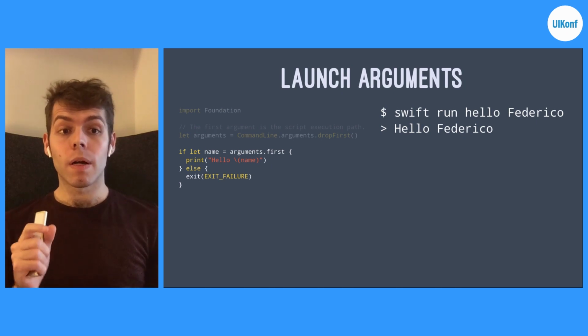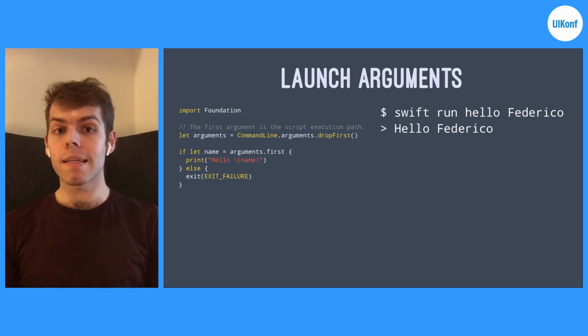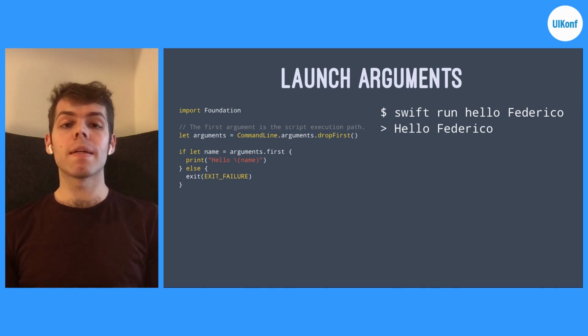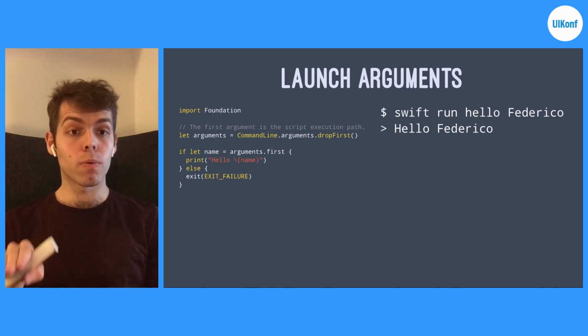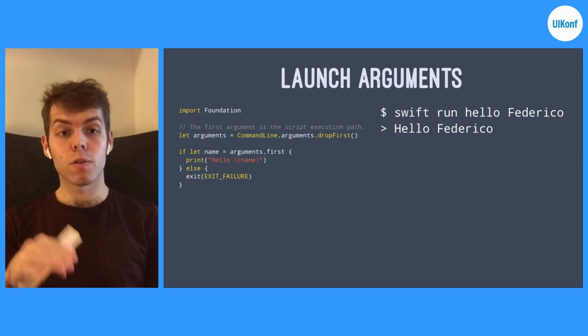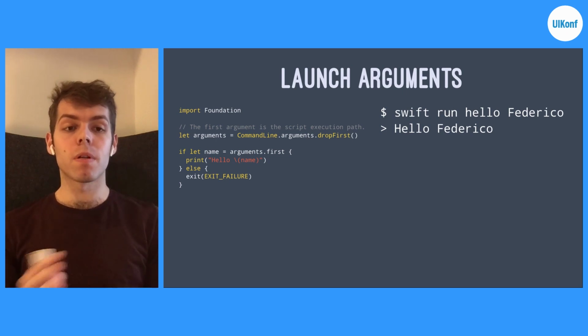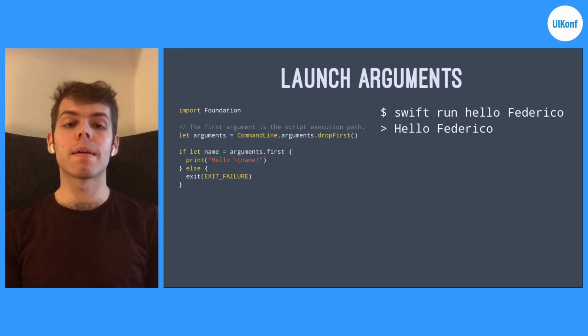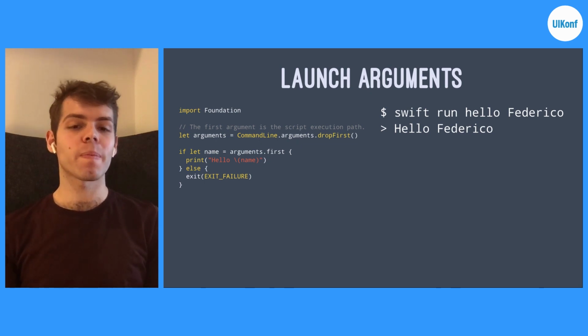And as you notice, in this script, I don't have an exit success because that is automatically called for us when the main.swift file is entirely consumed. So in case we don't go to the exit path, so in the other case of the printing, then our script will terminate because nothing else is in there, and it will automatically call exit with a success state. So we don't have to write it everywhere.